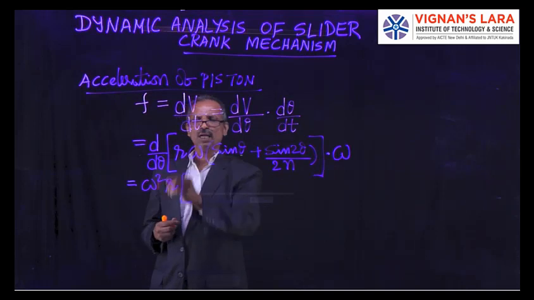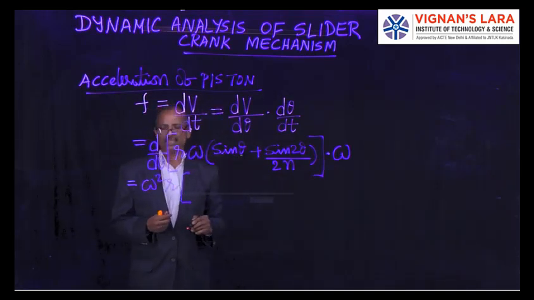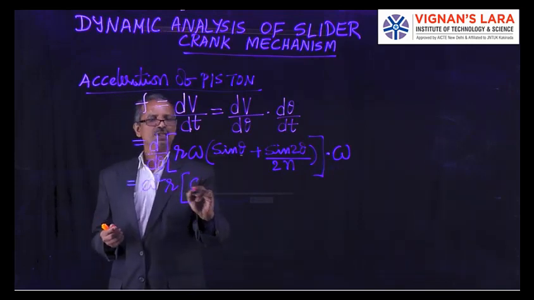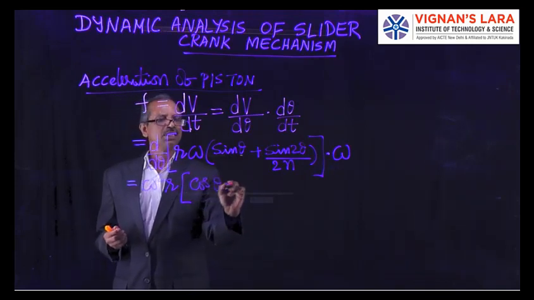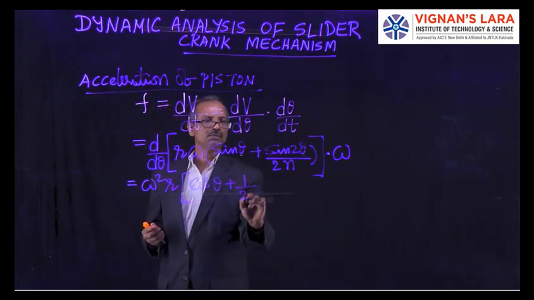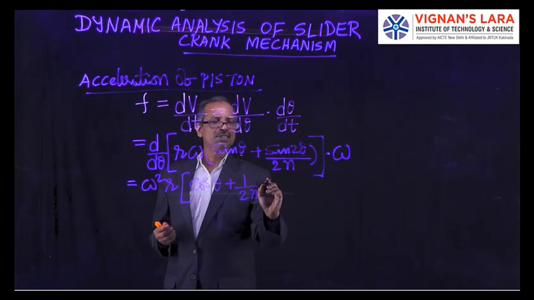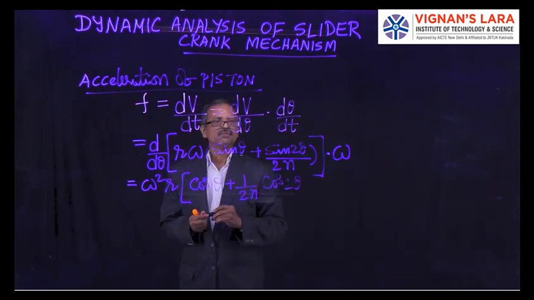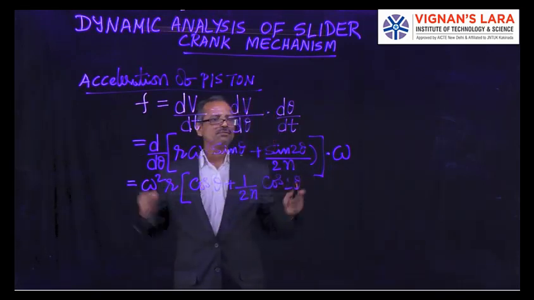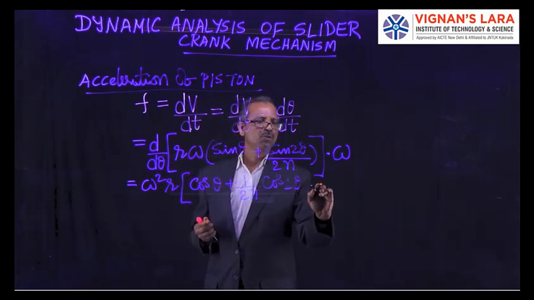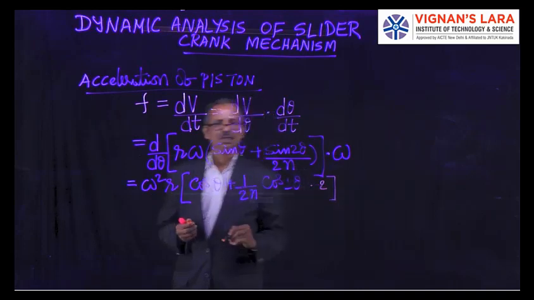Then sine theta differentiation is cos theta. Then 1 by 2n, sine 2 theta differentiation is cos 2 theta, and the differentiation of 2 theta is 2.